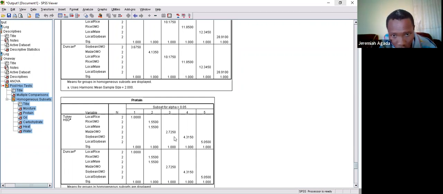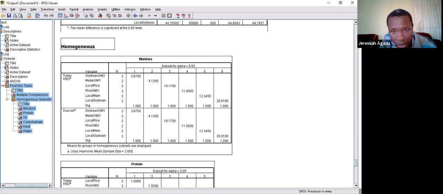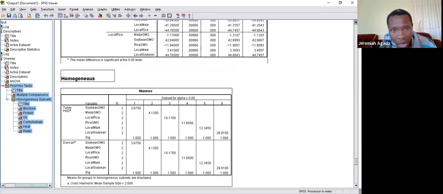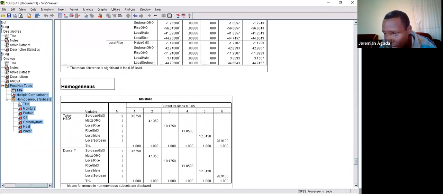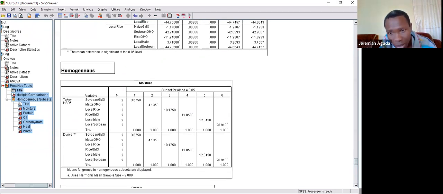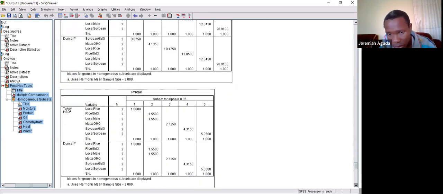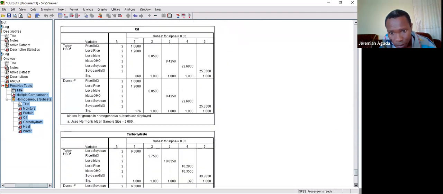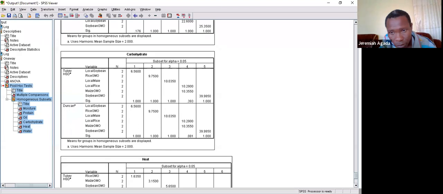If you look at Tukey, it is the same way of separation. So sometimes there will be differences. At other times, you will see that they are the same. So in this case, they are the same. There are some cases where you will have A, B. I want to check if I can see something like that.